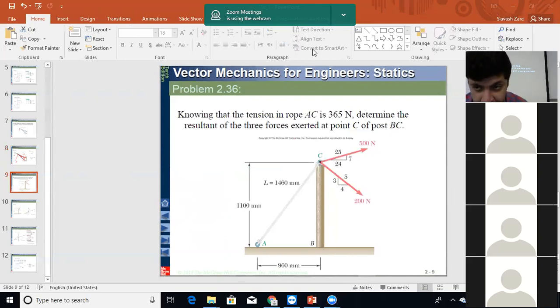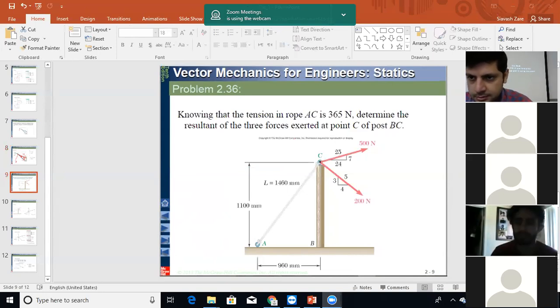Yes, vector addition, but how do you draw the force in the cable? What is the direction of the force in the cable? Of course, let me. Hey, Siavash, merci. Go ahead.